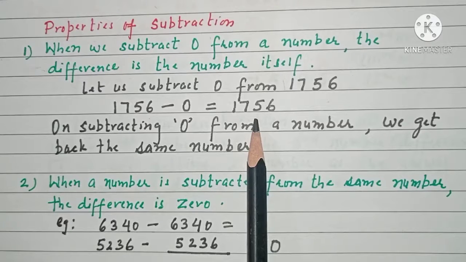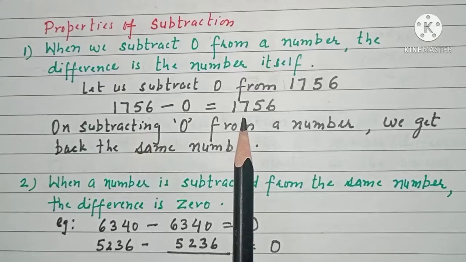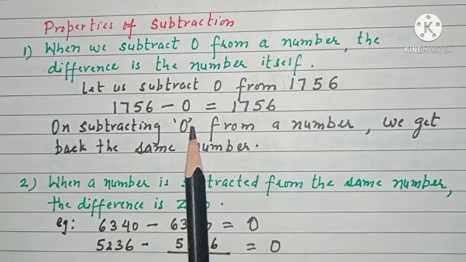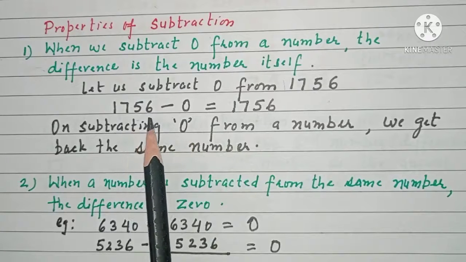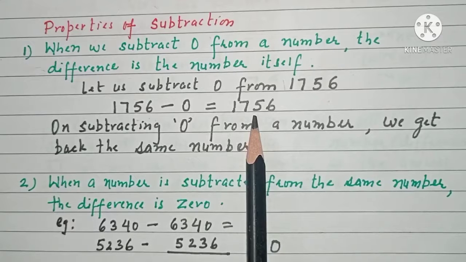So this property says when we subtract 0 from a number, the answer, that is the difference, is the number itself. So on subtracting 0 from 1756, we get back the same number as the answer.